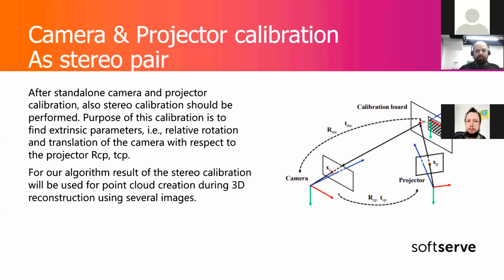But for depth maps, we actually don't need stereo calibration in our algorithm. For other algorithms it's also required when we need to triangulate. I guess Yuri was talking about them previously.